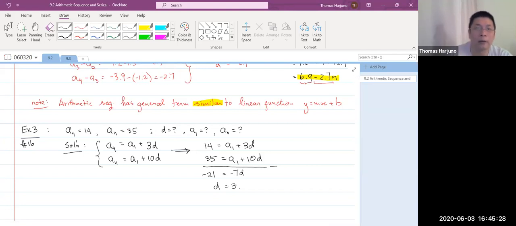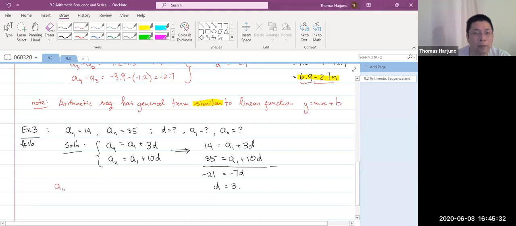Okay. Another way to look at that, you can see the following: a sub 4, a sub 5, a sub 6, all the way to a sub 11. The thing is, how many times do you jump? How many d's do you add? You add 7 d's.